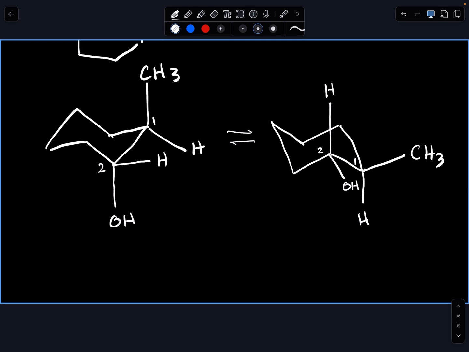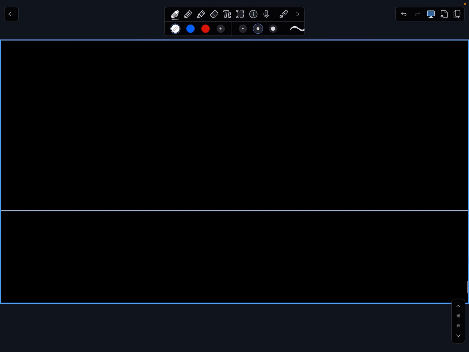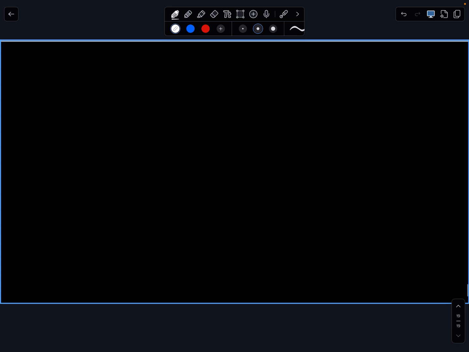Here are the common mistakes people make on these templates. Where we have an axial and an equatorial, what I'll see people do is put a bond right there, exactly halfway between the axial and the equatorial, and that's all they'll put.